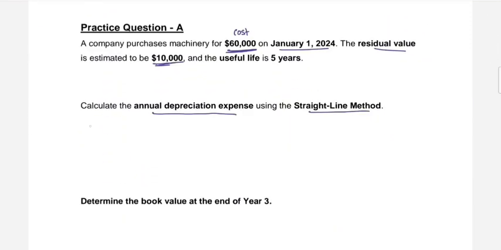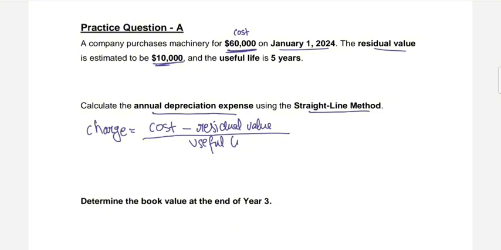So once you've learned this formula, this is how you will calculate the depreciation charge. You will take the cost of an asset minus the residual value, and you will divide all of this by the useful life to get the depreciation charge per year.